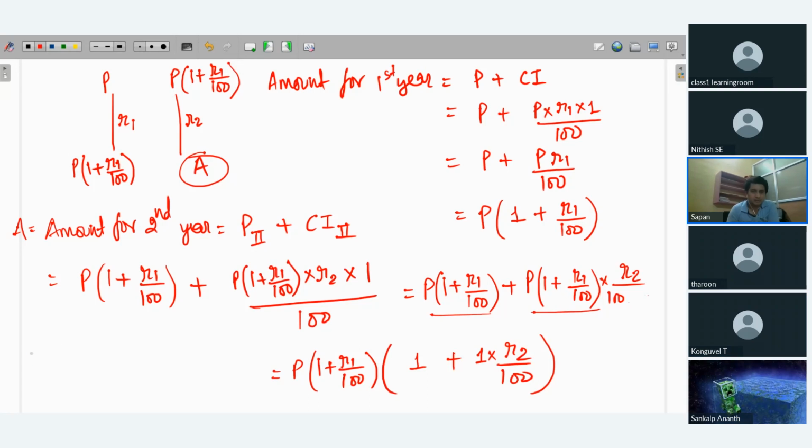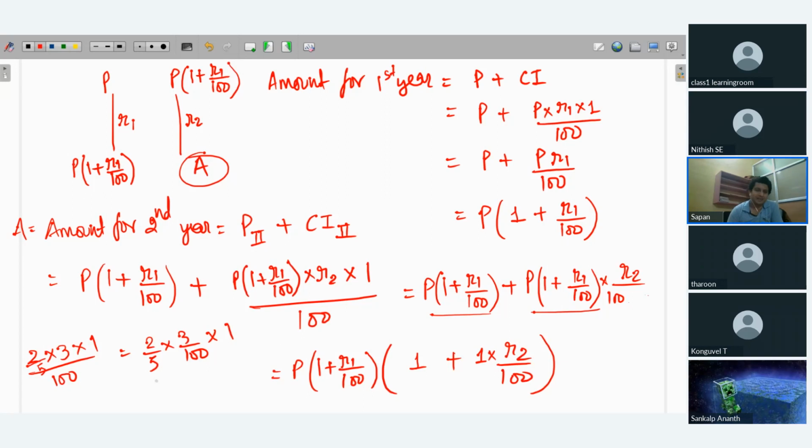Like 2 into 3 into 1 by 100, or let's say 2 by 5 into 3 by 100 into 1. Can we write it like that? It should not be written as 2 by 5 whole divided by 100 into 3 divided by 100; you can't write it like that.